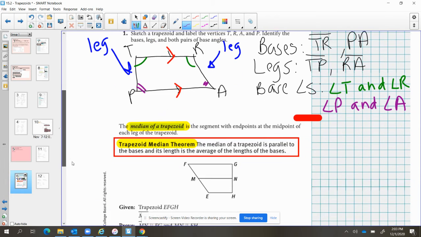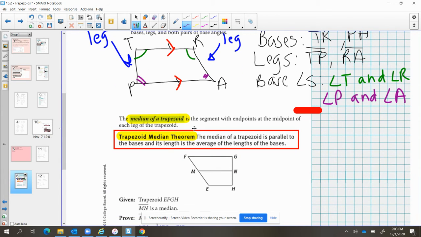The median of a trapezoid connects the midpoints of each leg, very similar to the mid-segment of a triangle. So M is a midpoint of FE, dividing it into two congruent pieces, and N is a midpoint of GH, dividing it into two congruent pieces.